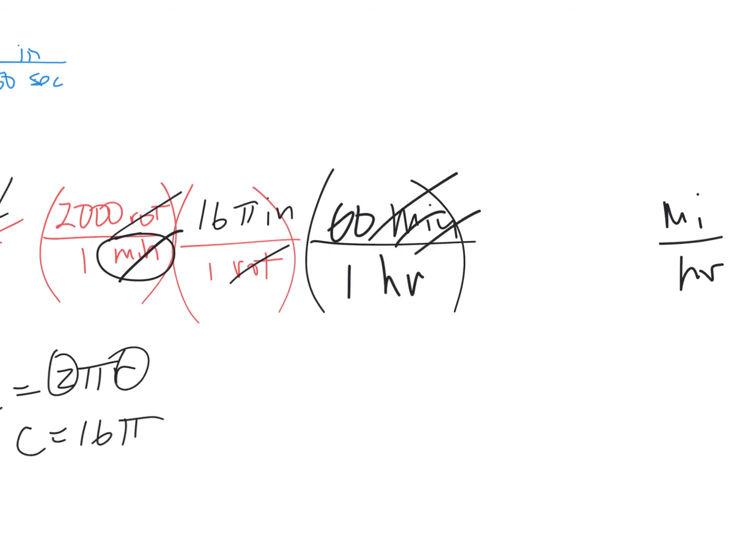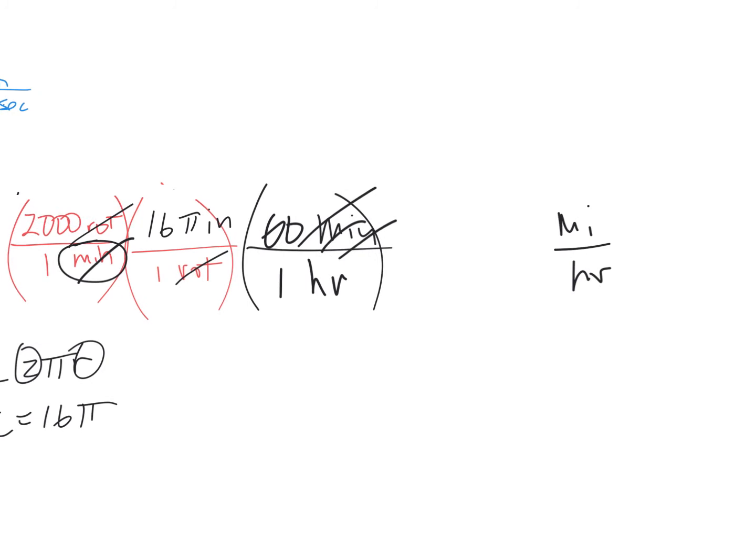I'm getting kind of close because I already got the hours part right. What's left? I would always go like this and I'd say, well, I got to get rid of hours. No, I don't. I got to get rid of inches.